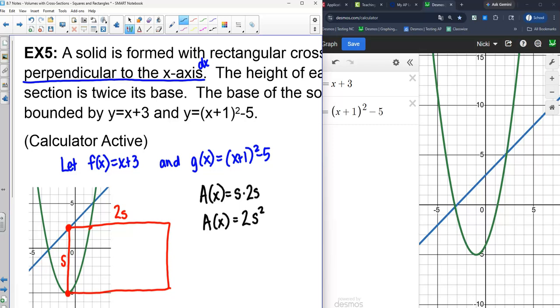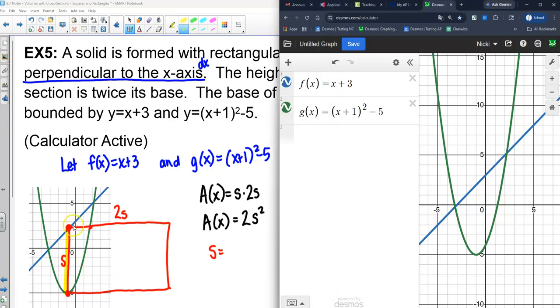But we can't leave this with S's, right? We've got to change it to X's. So now I've got to come up with what my S is. We're looking right here at this part that I labeled S. And I need to look at the line that I intersect on the top minus the line I intersect on the bottom. Okay? What do I have at the top of S? The blue graph. Which one was the blue one? x plus 3.